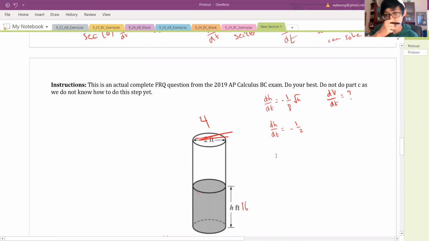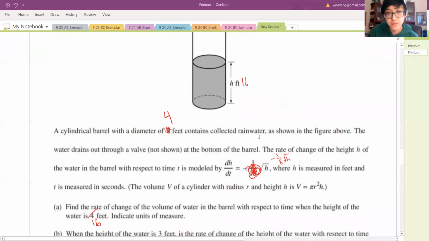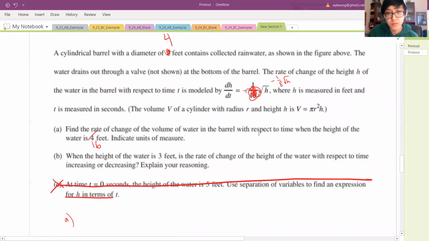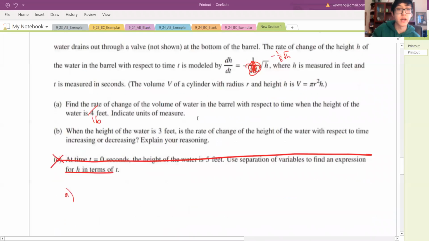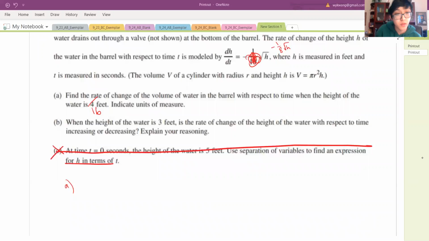I have dh over dt. And the volume, I have my equation. So v is equal to pi r squared h. Cool. So my first instinct would be to differentiate it, right?